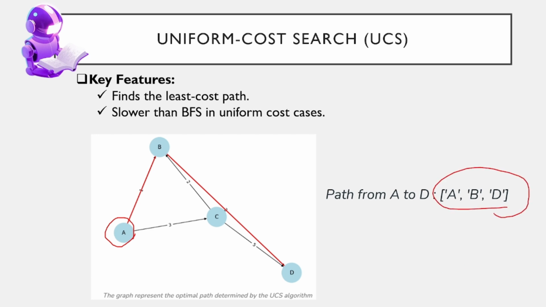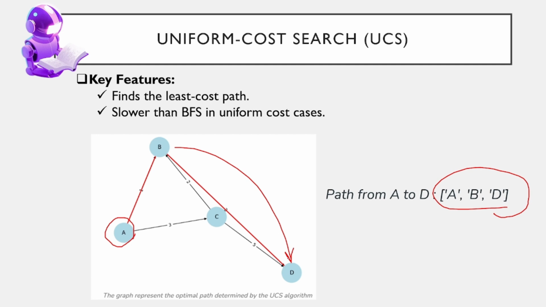So what are the key insights we can get from here? UCS never really needed to go to C at all. The moment it found B leading directly to D with a cost of 3, that became one of the cheapest options on the table, tied with C. This is the essence of UCS.